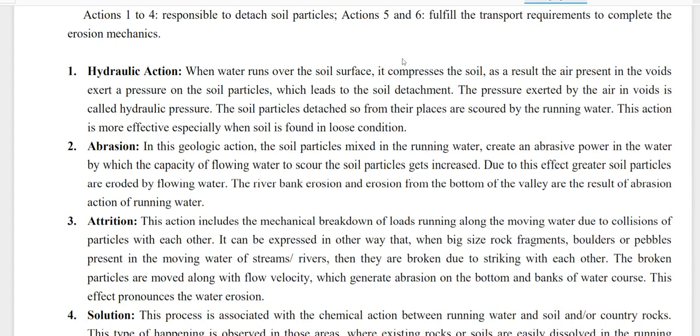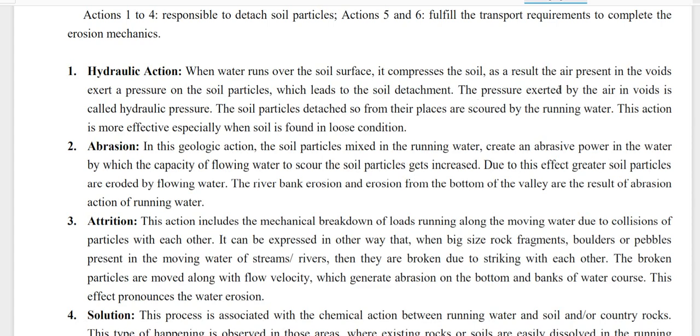Means it is saying that if the water flows on the soil surface, it compresses the soil, and due to which, according to Newton's third law, that air present in the voids will exert a back pressure on the soil particles, and due to which the soil particles will be detached.